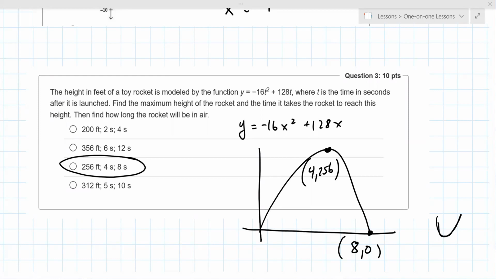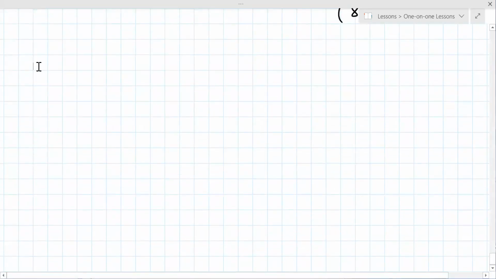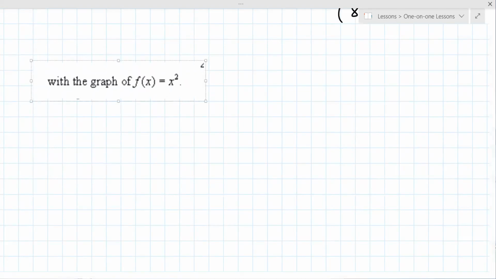Okay. I want you to first graph y equals x squared. Just graph x squared. What do you see? I see that my vertex is 0, 0. It's a U-shaped graph.